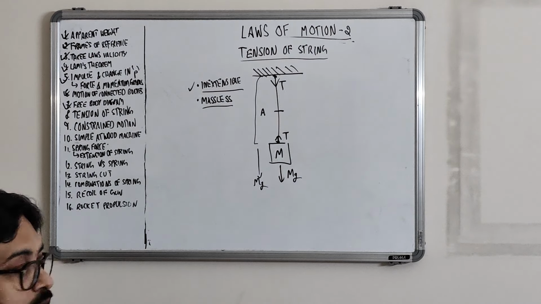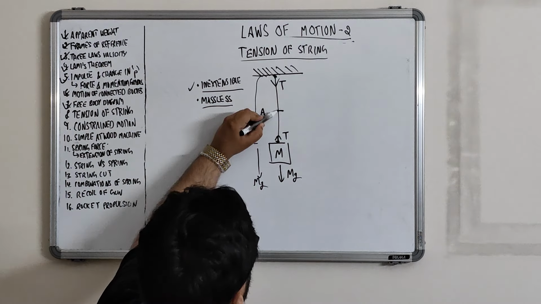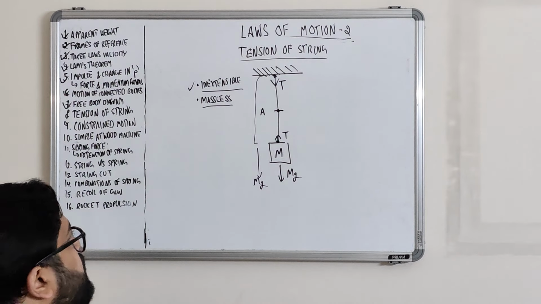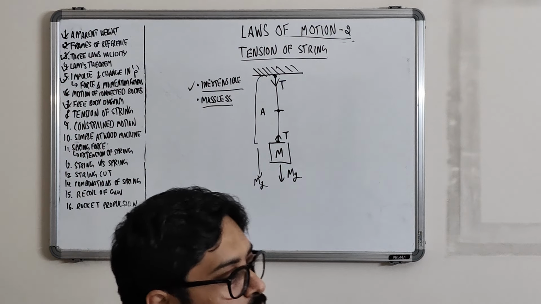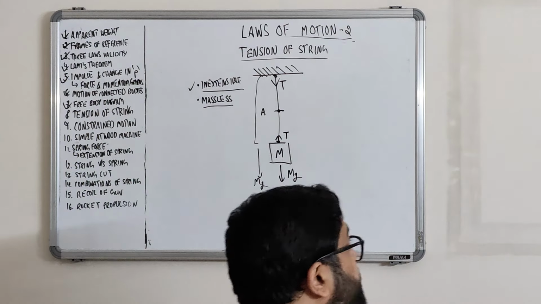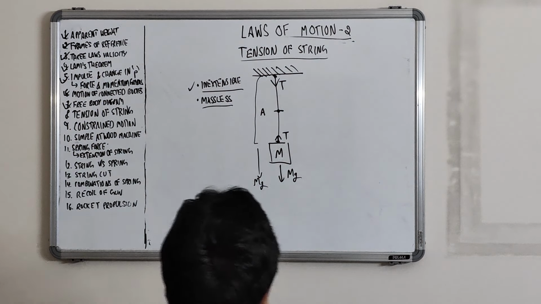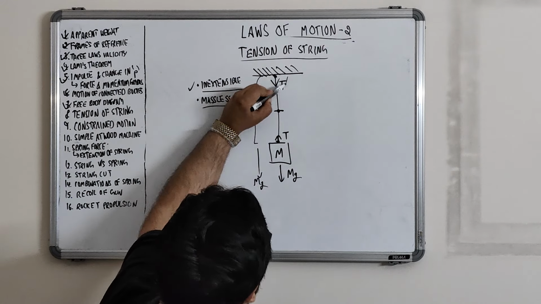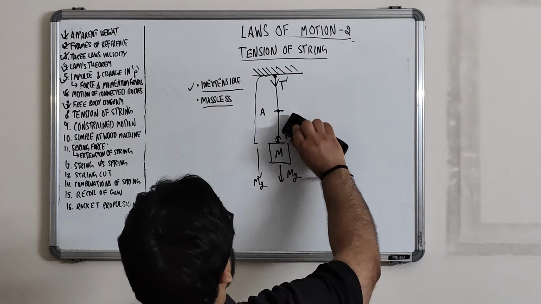But at this point A, how do we say what is the tension at this point? So let's think that the tension at this point is T dash.